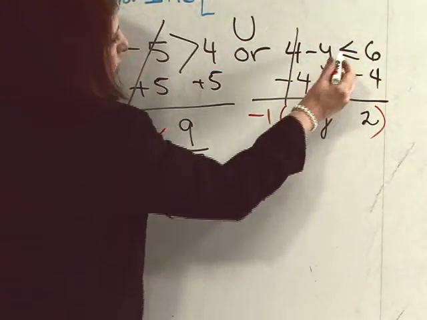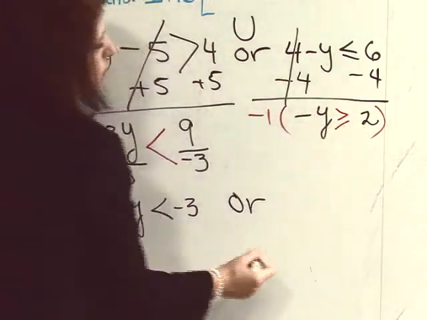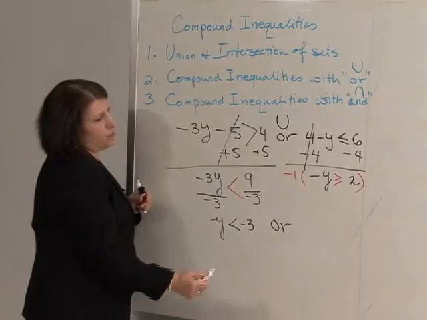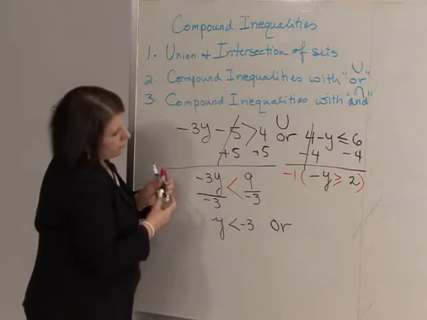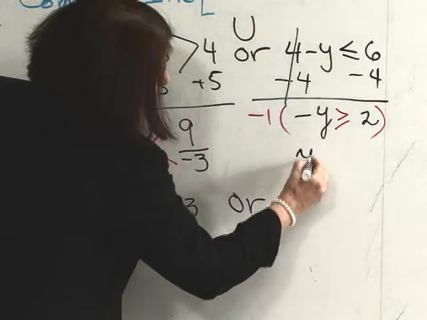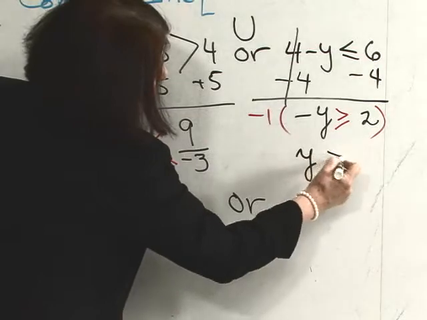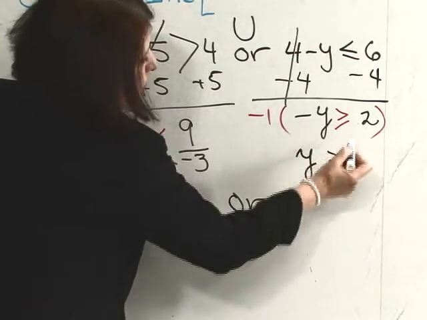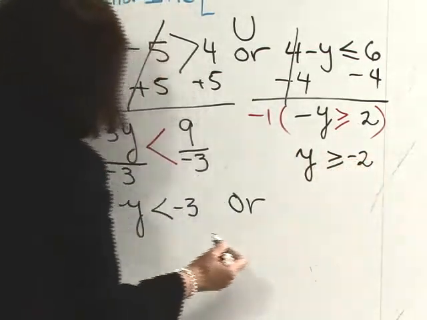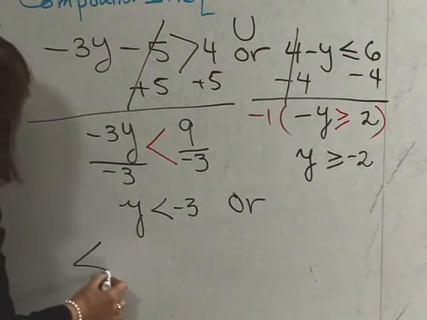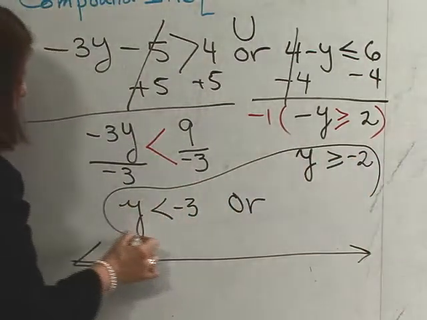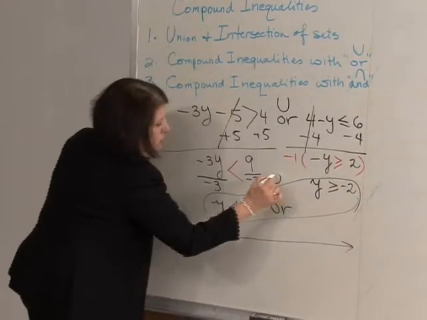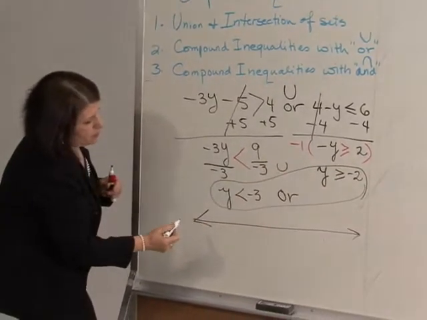To correct that, the less than or equal to, because I'm multiplying by a negative number, should become greater than or equal to. So this becomes y is greater than or equal to negative 1 times 2, which is negative 2. So I have the two solutions here, the two simple solutions joined with or. So it means I have to graph them and take the union.